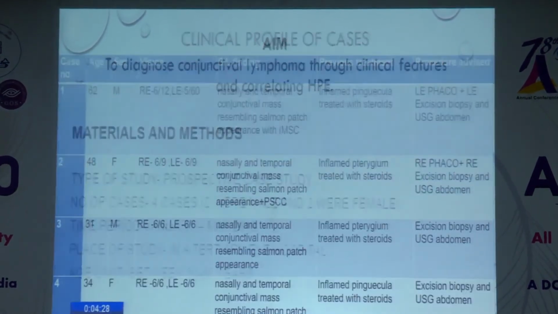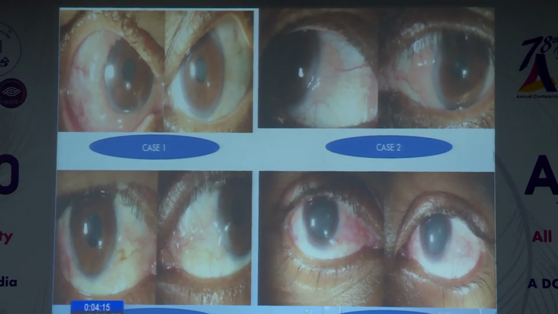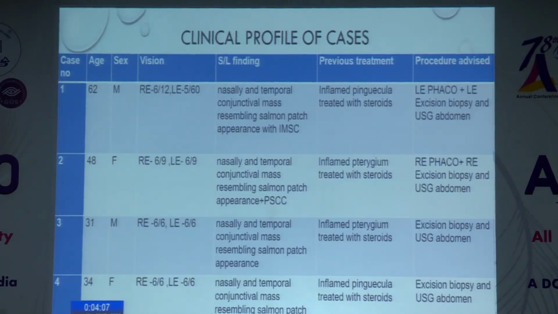So this is the clinical profile of all my 4 cases, where all the cases have a slit lamp finding of nasal and temporal conjunctival mass resembling salmon patch appearance, as we can see in all the 4 cases. Case 1 had left eye vision 5/60, having NS grade 3 cataract.